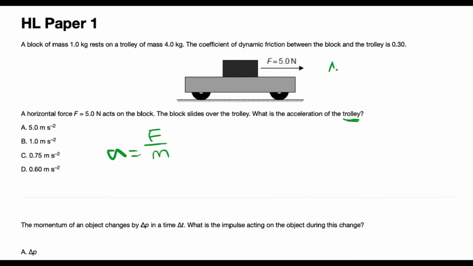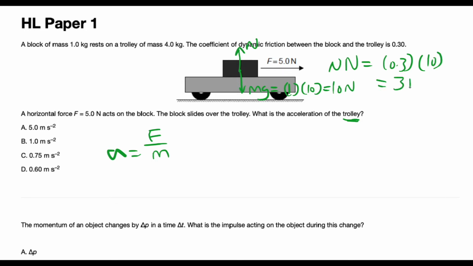Friction is equal to coefficient of friction times normal force, which in this case, normal force is equal to the weight of the block. And the weight of the block is equal to the mass times gravitational acceleration, which is equal to 10 Newton. So the friction here is going to be equal to 0.3 times 10, which is equal to 3 Newton.